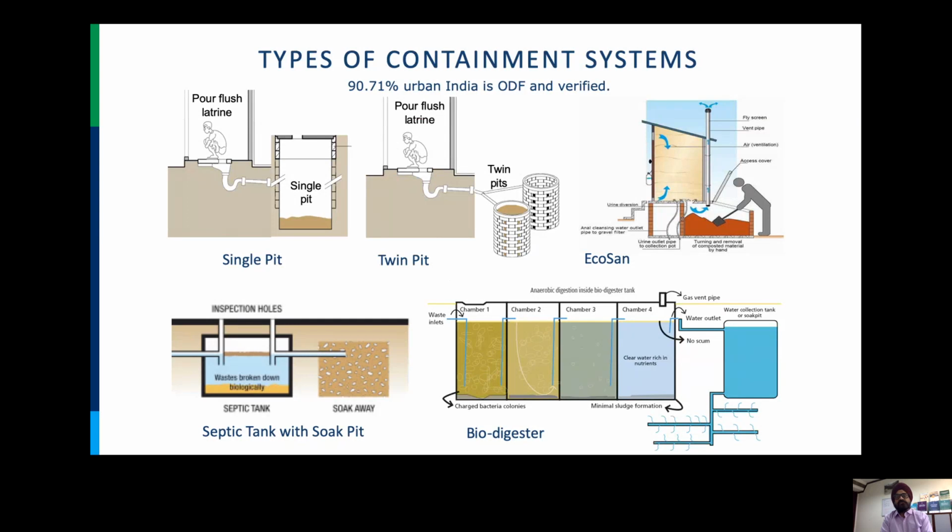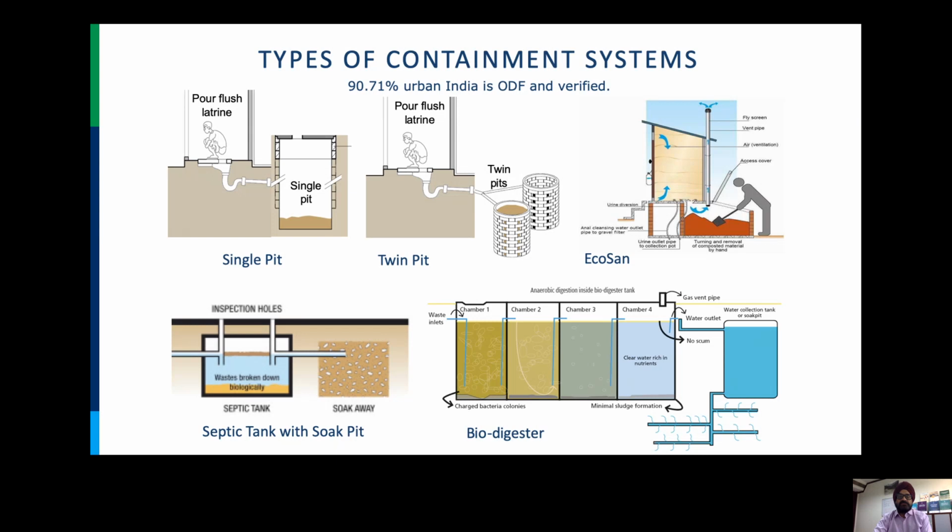Let's look at the type of containment systems. Since this training session is more on treatment, I will not delve much on the containment systems. Suffice to say that the containment systems, at least some of them, are also primary treatment systems. So like a twin pit toilet, which you see in the center, where one pit fills in and then the other will fill in.